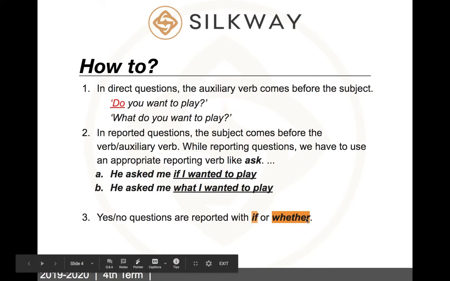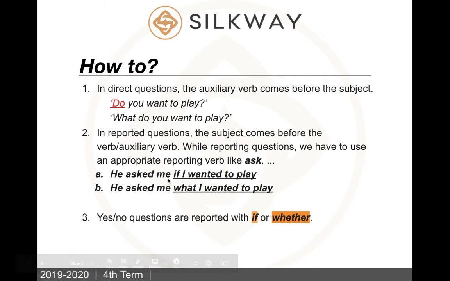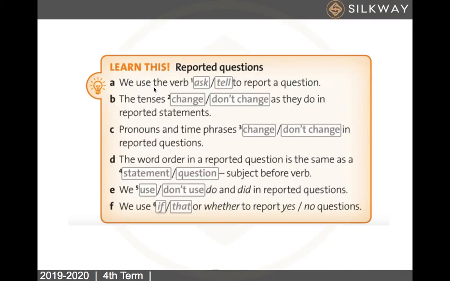No difference between these two words. So we say, he asked me if I wanted to play. He asked me whether I wanted to play. Okay. In Russian, this is something like ли. Не хочу ли я? Он спросил меня, не хочу ли я играть. Okay. He asked me what I wanted to play. In information questions, there is no problem at all. And here we use the verb ask or tell to report a question.